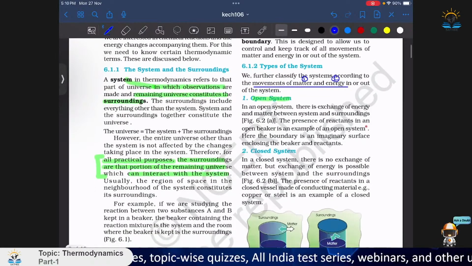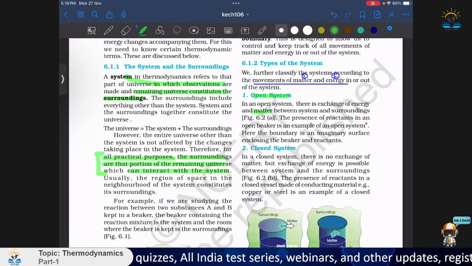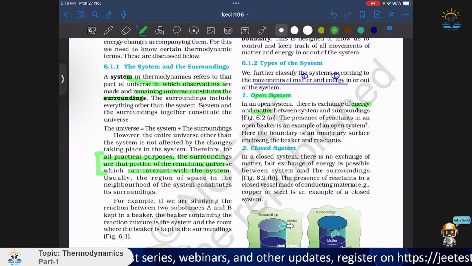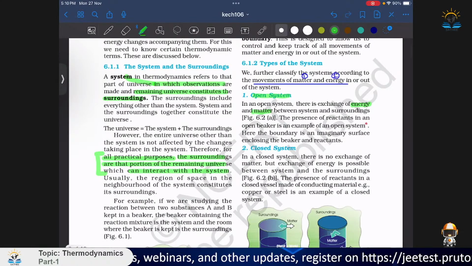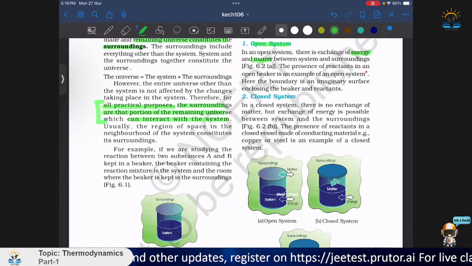Based on that, we have classified the systems. In open system, energy and matter both can move between system and surroundings, okay. For example is an open beaker, okay. Here the boundary is an imaginary surface enclosing the beaker and reactants, right.